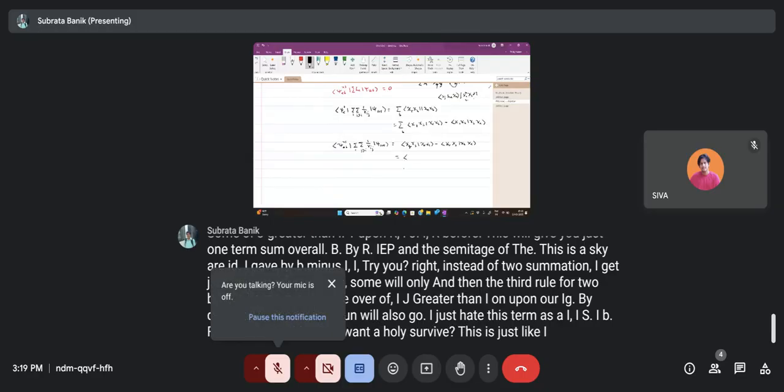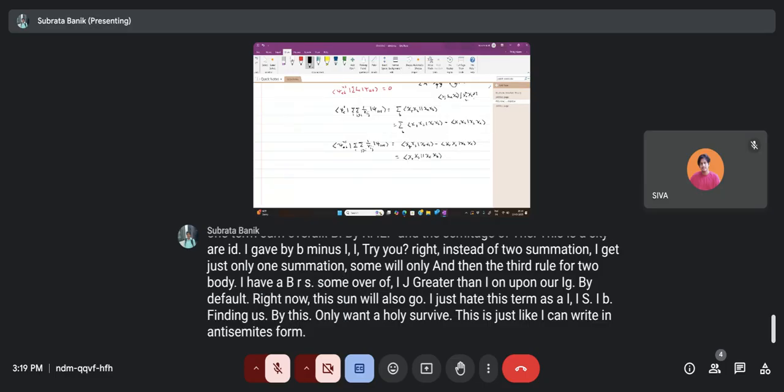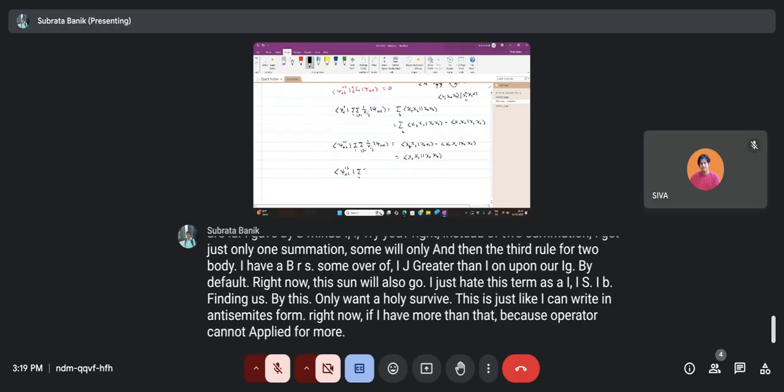This is just like, I can write in antisymmetric form. Now if I have more than that, this operator cannot apply for more than two indices.